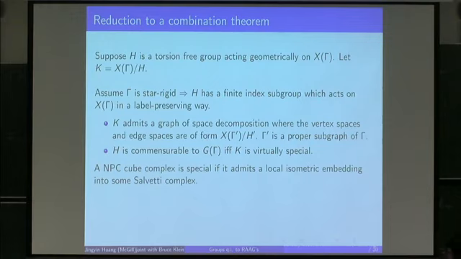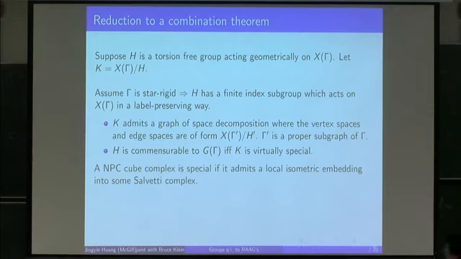A non-positively curved cube complex is special if it admits a local isometric embedding into some Salvetti complex. And this is the definition of special, and virtually special means it has a finite sheet cover which is special. At this moment, you can just think of virtually special as some kind of combinatorial condition we want for our CAT(0) cube complex. I will tell you exactly what we will need from this condition later.